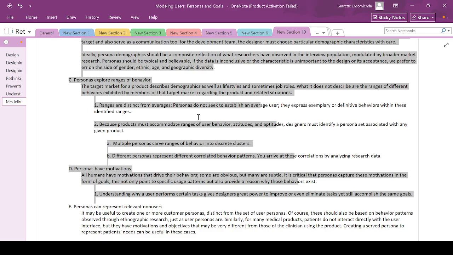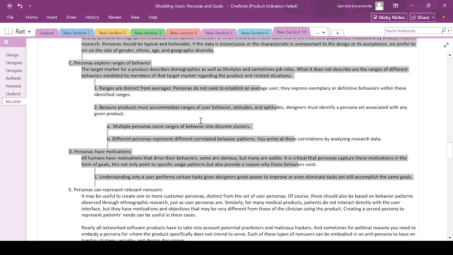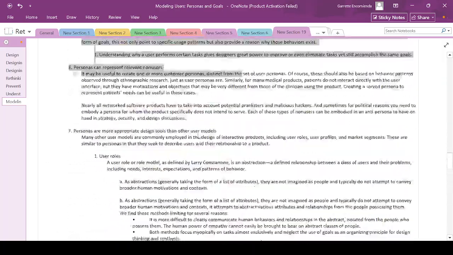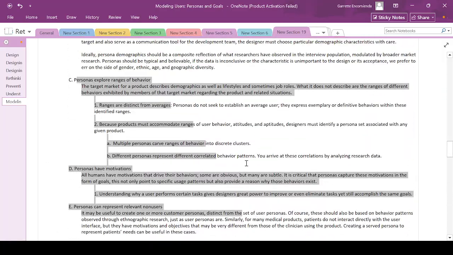Again, the triangulation aspects that we've described in the previous book. Personas explore ranges of behavior. The target market for a product describes the demographics as well as lifestyles and sometimes job roles.